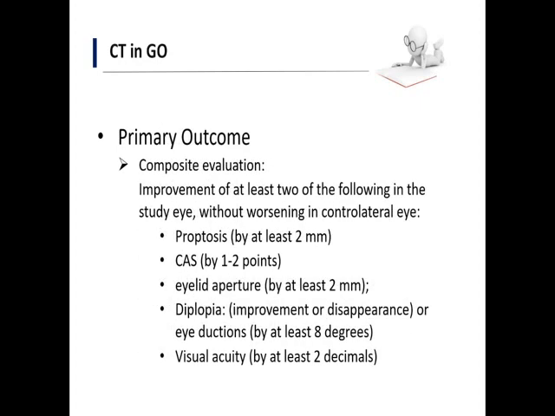A key point in clinical trials in GO is the definition of the study outcomes. Several primary outcome measures have been used in different studies.